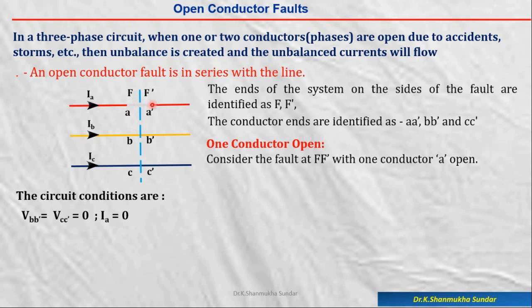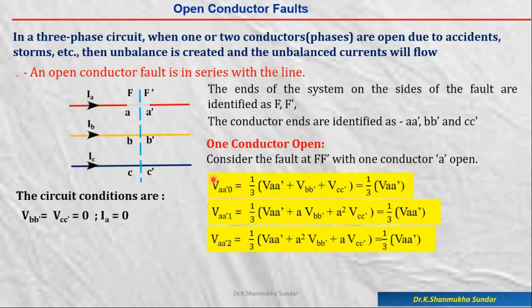Similarly, what is the positive sequence? VA dash 1. Similarly, what is the negative sequence voltage? VA dash 2. So, two suffixes we will be using instead of only A. So, that is A dash. Keeping that in mind, the three symmetrical components we can write with respect to phase A. VA dash 0 is zero sequence voltage across the terminals A dash.